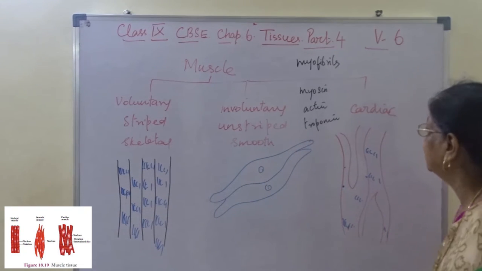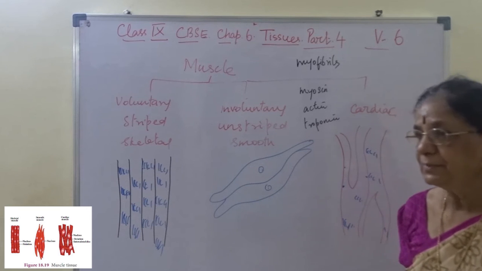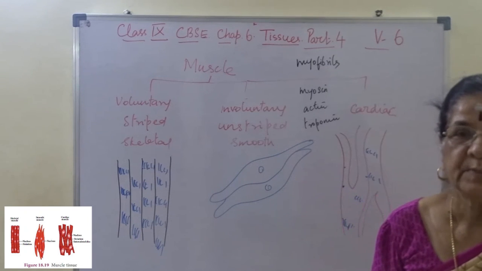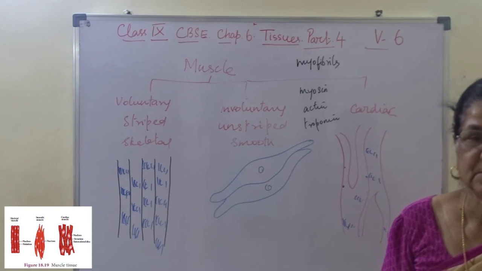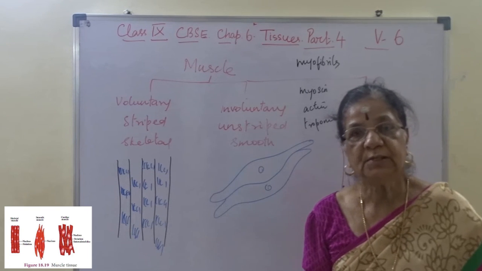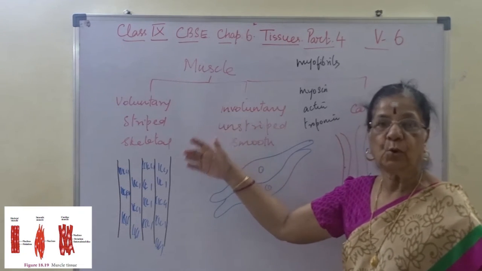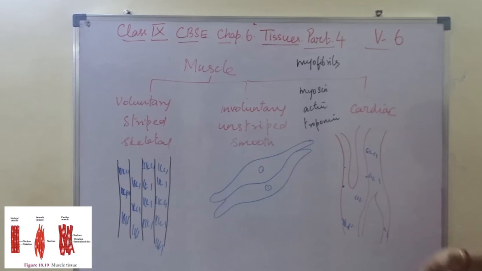The next one is cardiac muscle, which is present only in the heart. Heart muscles are formed of a specialized muscle called cardiac muscle. It is similar to the structure of voluntary muscle, but the difference is that it has branches.